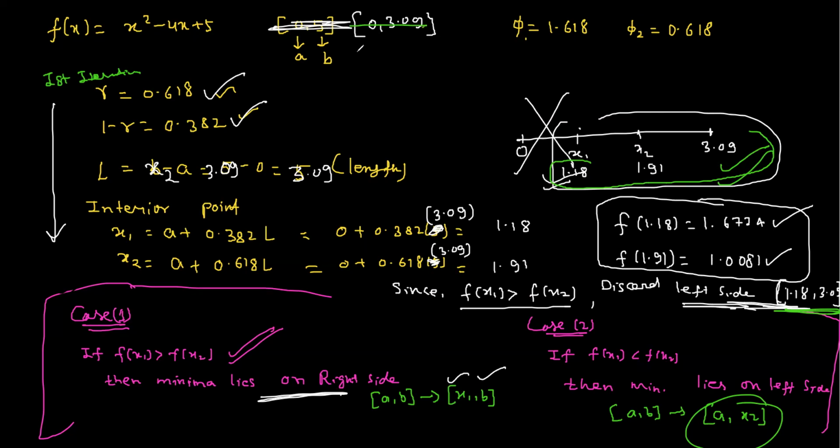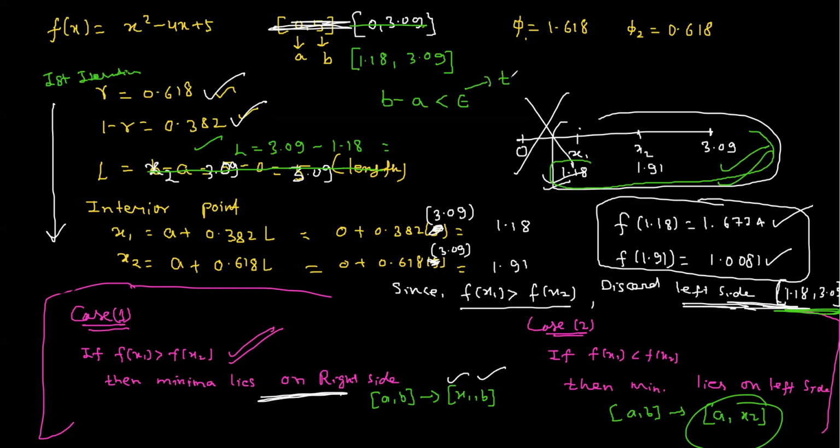In the third iteration, your interval will be... R is the same. L will be what? Understood? Now you can ask me, sir, how many iterations can we do? So you do it until you get b minus a less than epsilon. What is epsilon?